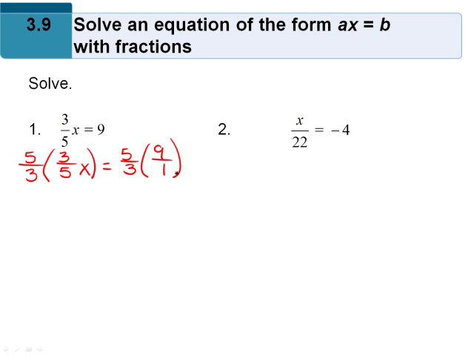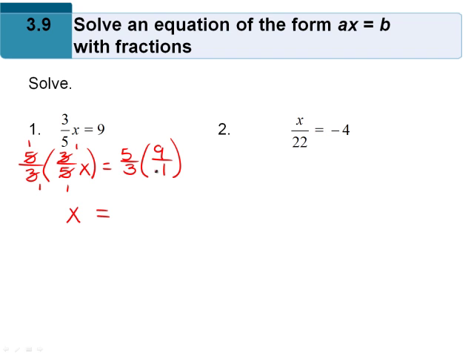Okay? So, on the left, the 5's cancel out, the 3's cancel out, because if you divide by 3 and 3, you get 1 and 1, and 5 and 5, you get 1 and 1, and all we're left with is x, okay, which is what we wanted.